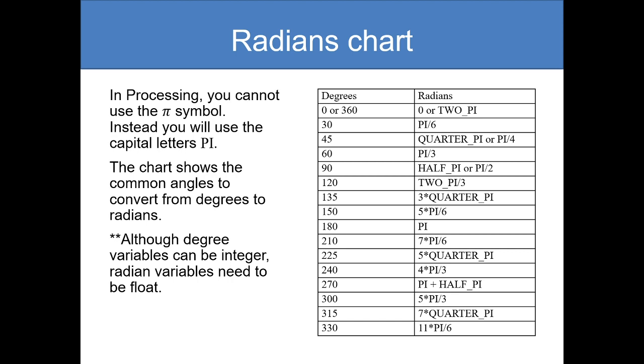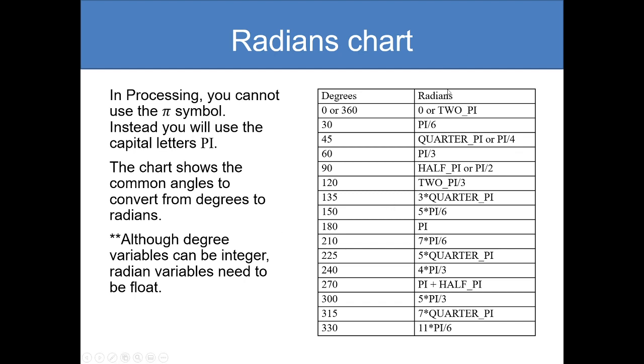The pi symbol doesn't necessarily exist inside of processing, so we actually use capital letters, PI. There's also other equivalent expressions that we can use, things that you might need from this radians degrees chart if we're trying to put these into our pi ratios.